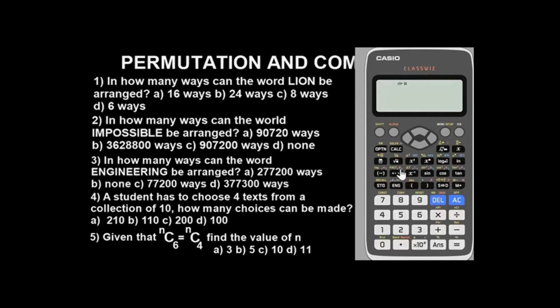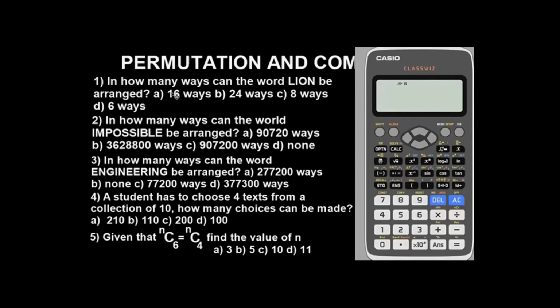So permutation deals with distinct arrangements, whereas when the question is talking about selection of items, it's talking about combination. Combination talks about selection of items out of a total number of items given. So in essence, permutation is distinct arrangements of things or items, and combination is selection of items or things. I hope that is clear, guys, for those of you that might want to ask that question.